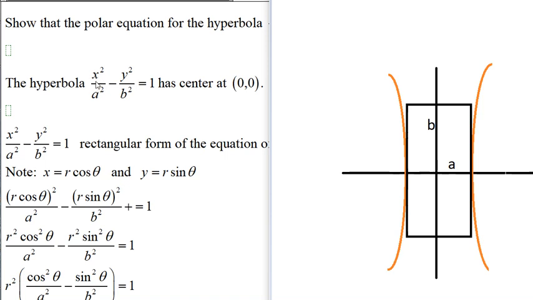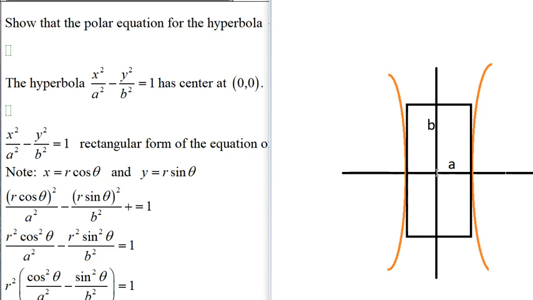Recall that for this hyperbola of this form, the center is at (0, 0), and then one branch opens to the left and the other branch opens to the right. This is vertex number 1, and this is vertex number 2.